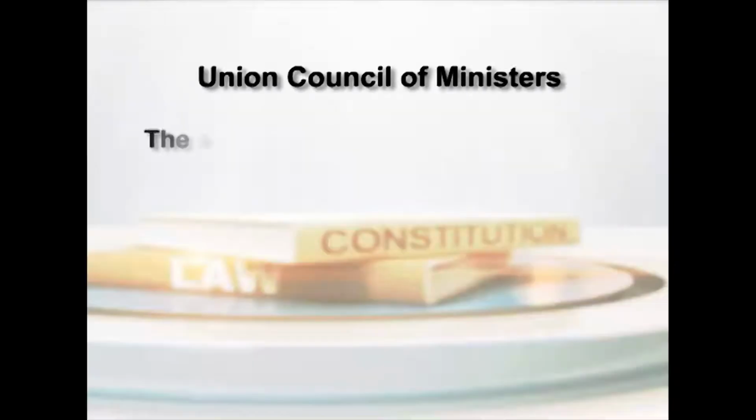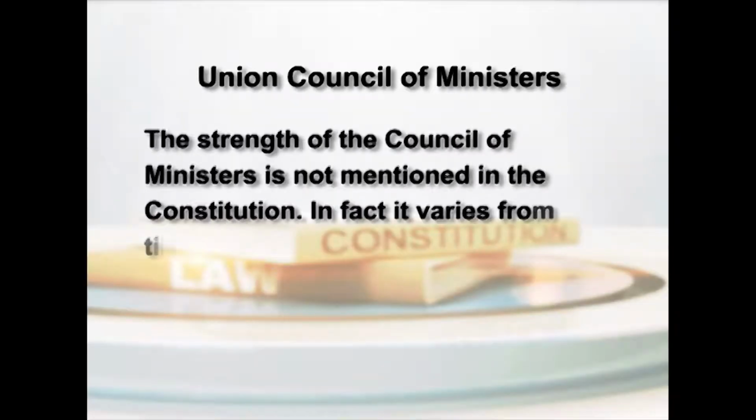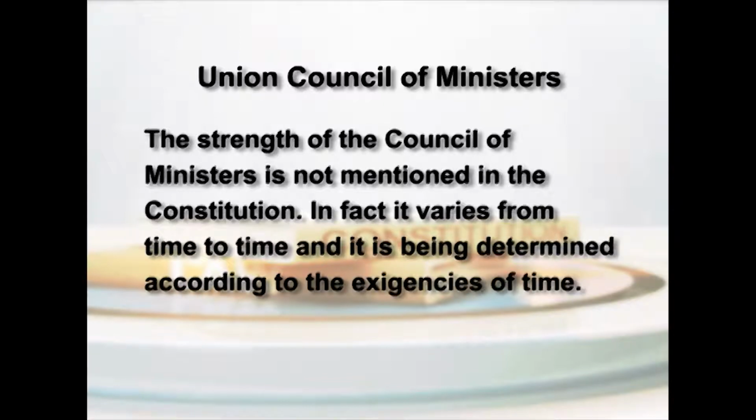The strength or the total number of ministers in a Council of Ministers is not mentioned in the Constitution. In fact, it varies from time to time and is determined according to the exigencies of the time. For instance, in the year 1961, the total strength of the Council of Ministers was 47, which rose to 60 in the year 1975.